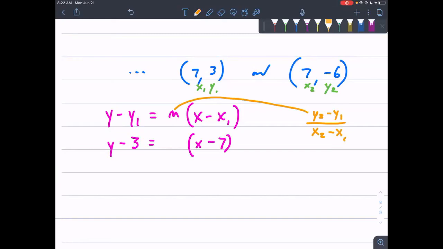They don't give us M, so we have to use that formula, y2 minus y1 over x2 minus x1. So y2, negative 6, minus y1, which is 3. x2, which is 7, minus x1, which is 7.